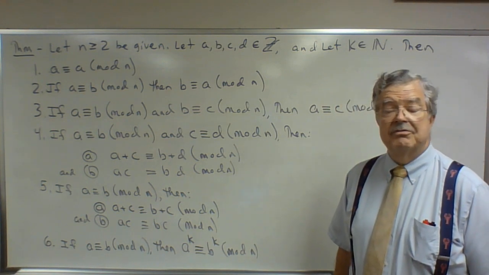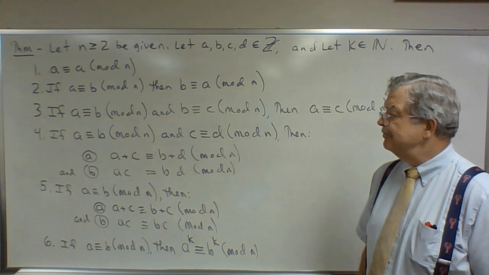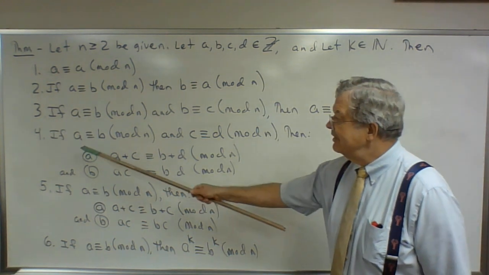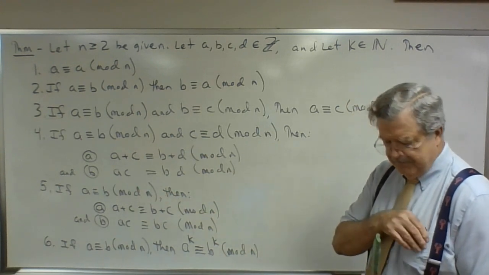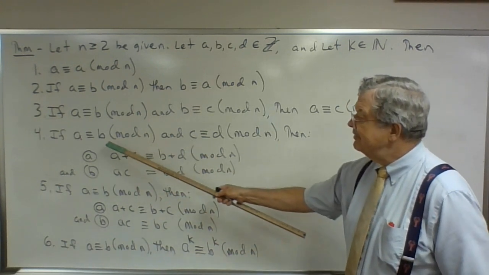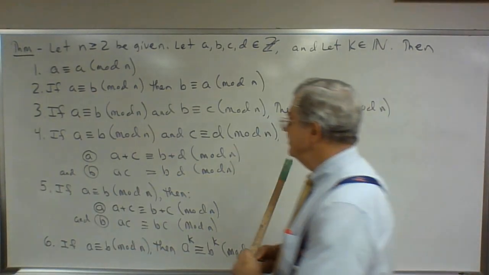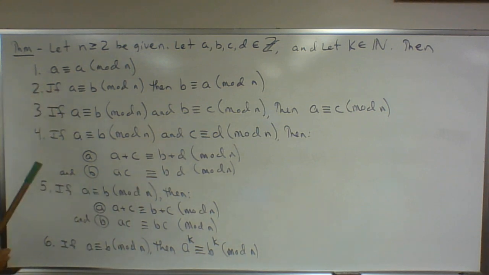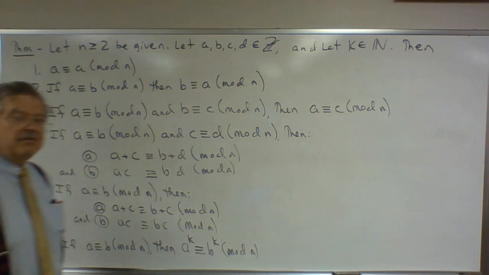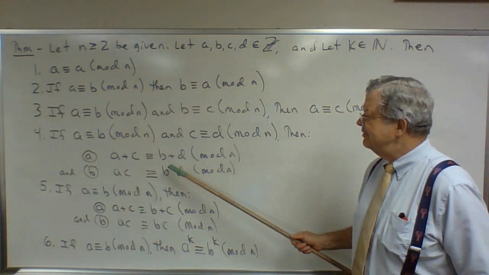And that holds not just for addition, but for multiplication as well. Take the left sides, A and C, multiply them together. Take the right sides, B and D, multiply them together. And we still do have a congruence. So the things that we can do with equations, by and large, we can do with congruences.